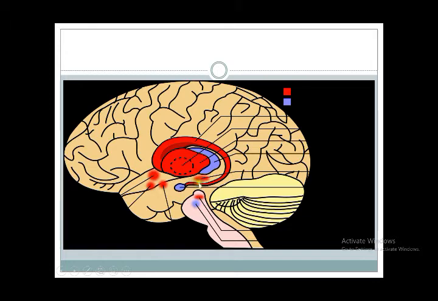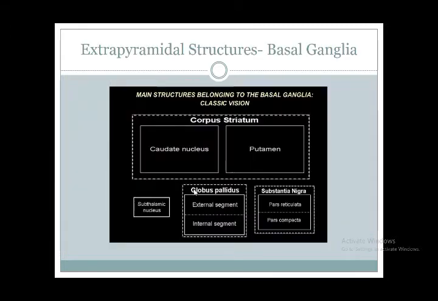These are not direct parts of the basal ganglia, but they have a close relation with the basal ganglia structures. Along with this, the substantia nigra in the midbrain and the subthalamic nuclei form very close relationships and connections of the basal ganglia. So extrapyramidal structures include the corpus striatum, formed by the caudate nucleus and putamen, the subthalamic nucleus, the globus pallidus, which again has two segments as we saw, external and internal, and the substantia nigra, which has pars reticulata and pars compacta.